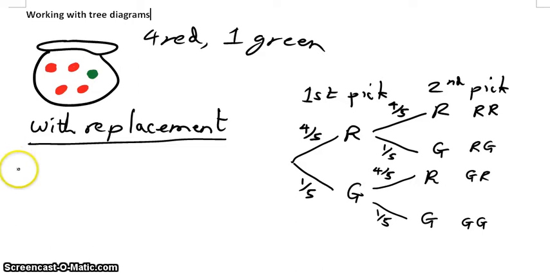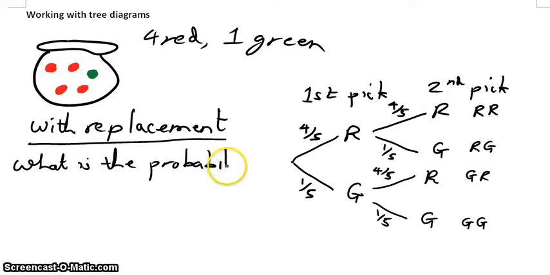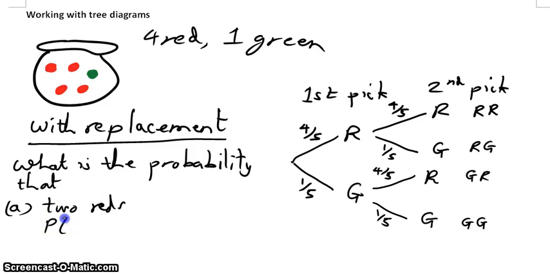And they will be things like, what is the probability that we get 2 reds? Alright, so we get 2 reds. Now that clearly is the probability of a red and another red. Okay, now when we do this one, what we're saying is we're actually going to follow the branches of the tree.